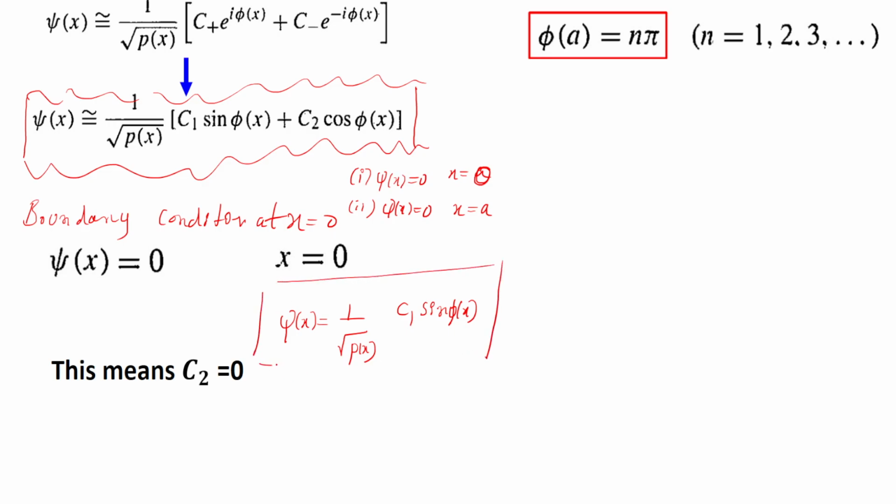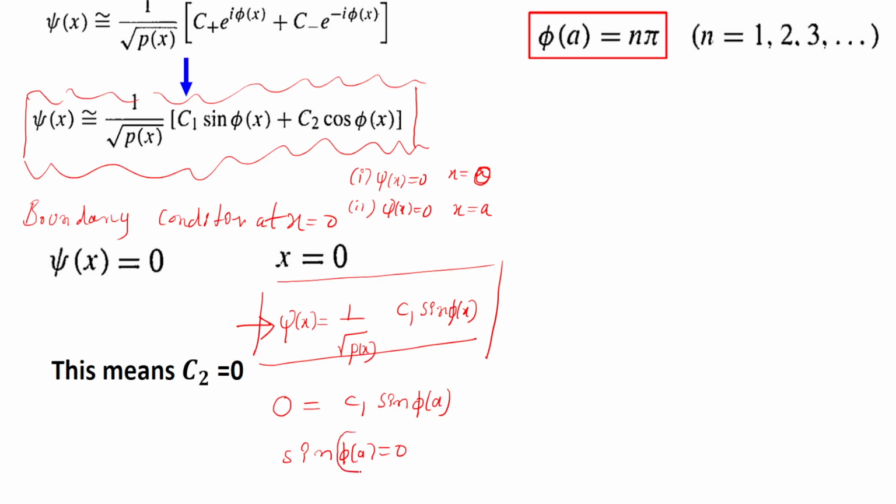Now you can apply the second boundary condition on this equation. Because the wave function is 0, C1 sin phi of a equals 0.